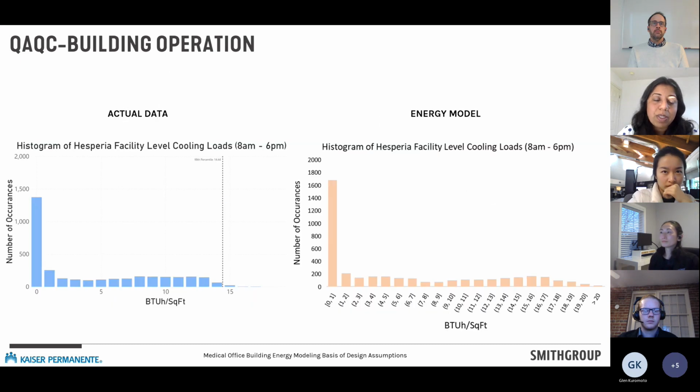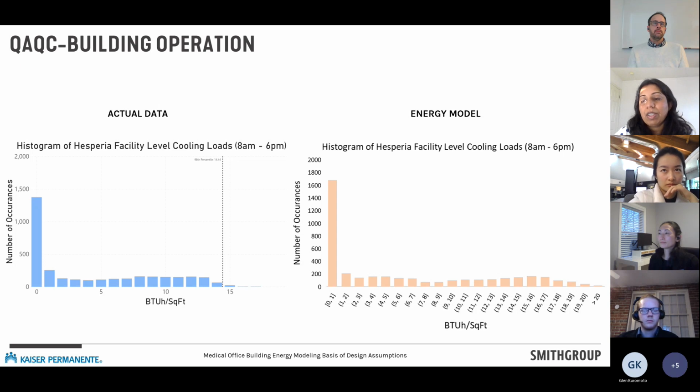The next QA/QC was to see how many hours fall under which bins, right? How the building is operating for the whole year from 8 a.m. to 6 p.m. On the left side, the actual data suggests that our building is operating under very low load for most of the hours.